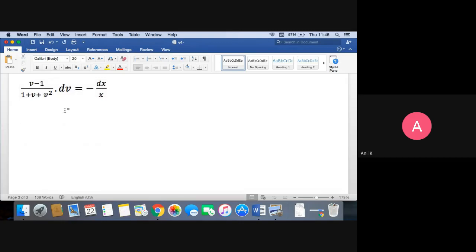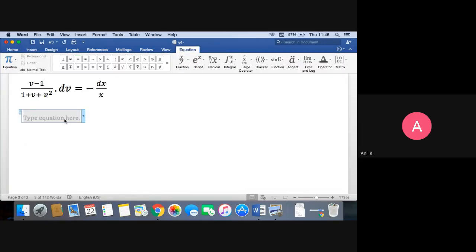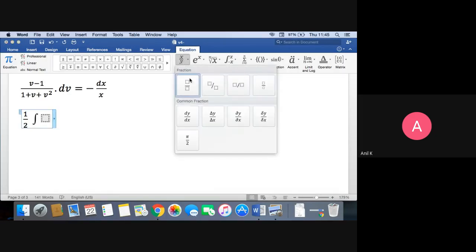So here we have to make a little change in the numerator, because 2v plus 1 is required. What I do here is put 1 by 2 outside, and include the integral.